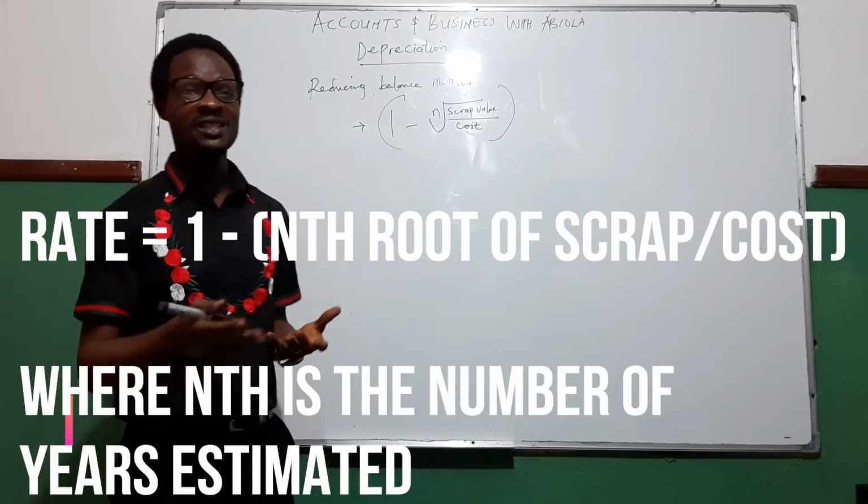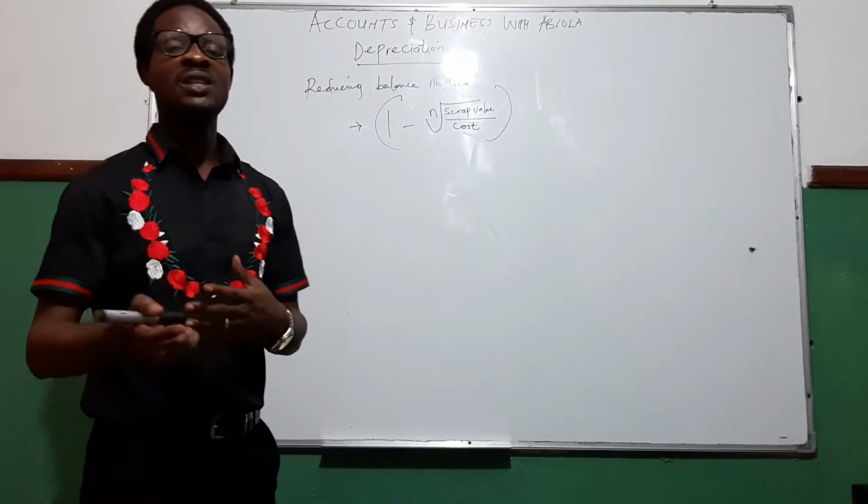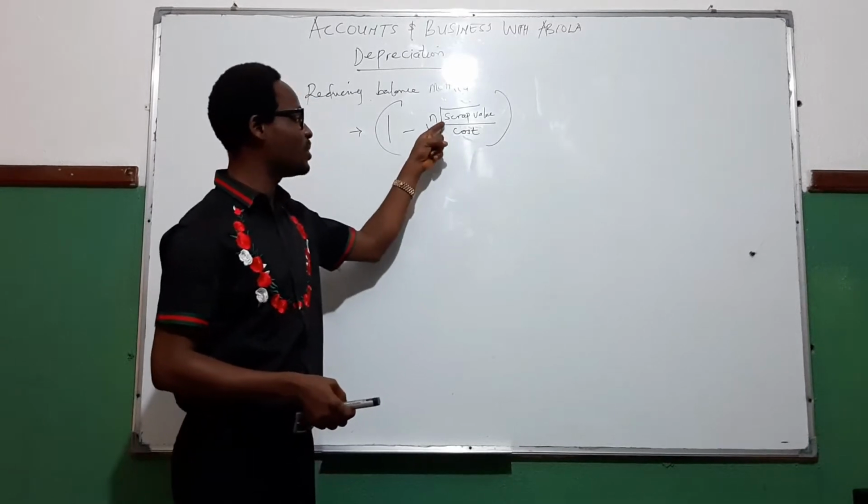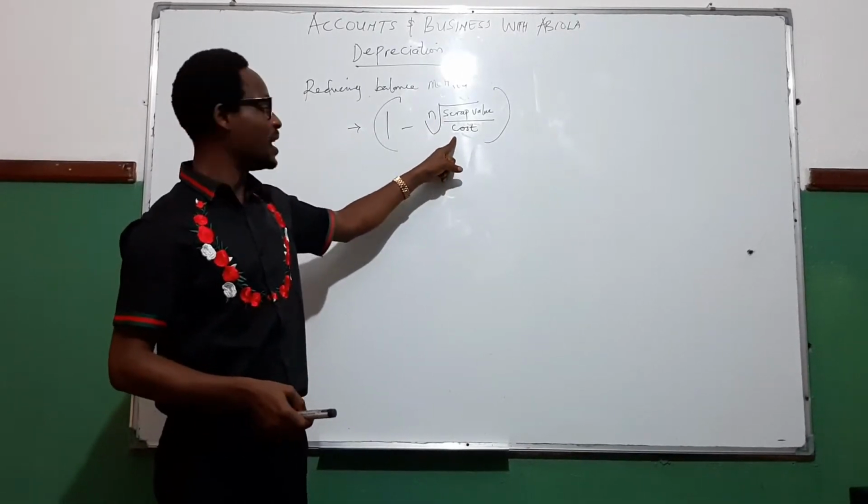If you are using a scientific calculator, it can be done straight away. But if you are not, first find the value of scrap over cost, then the nth root of that.